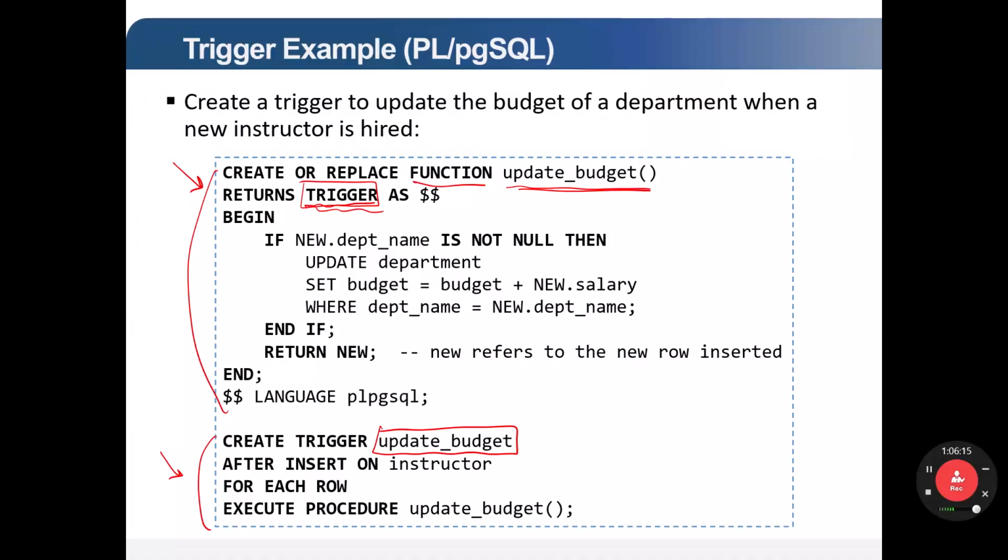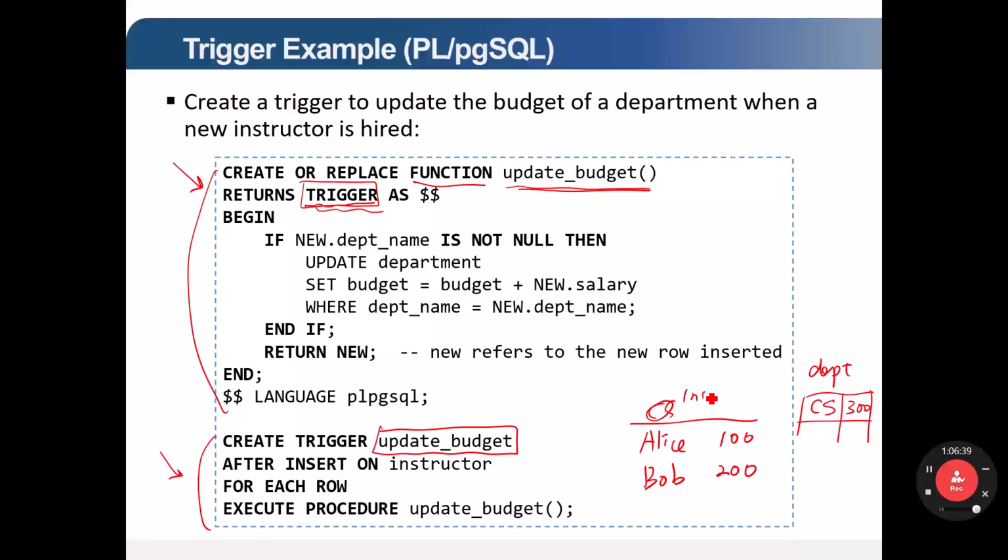So the budget of the department should be updated. What I'm saying is, let's suppose in the computer science department we have two instructors, Alice and Bob, and their salaries are like 100 and 200. And if you look at the department table, we have a CS department and their budget is 300. Okay?